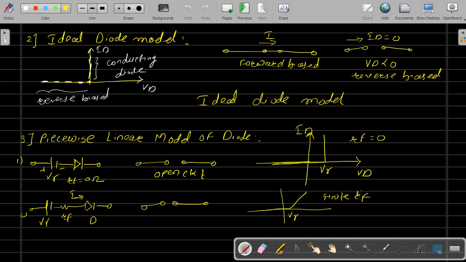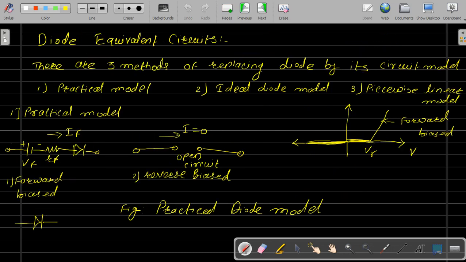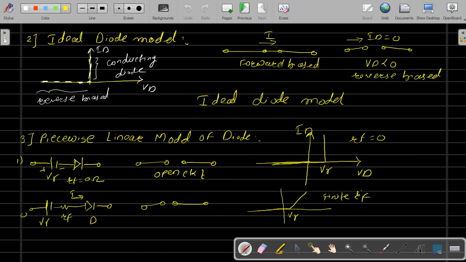Okay. Third, the piecewise linear model of a diode. This is another way to analyze the diode circuit, which approximates the characteristics of the diode by using only straight lines, or a linear relationship.